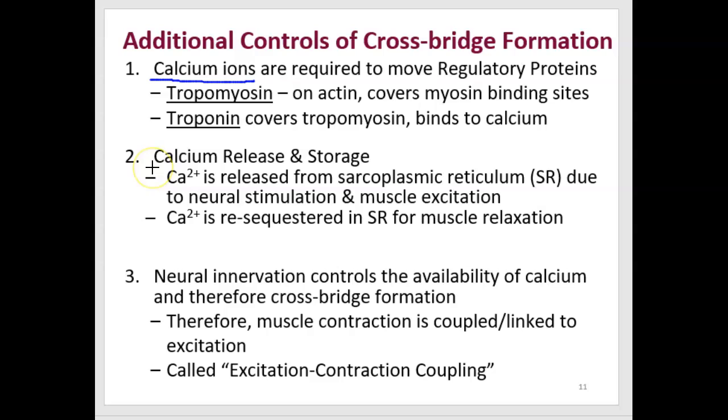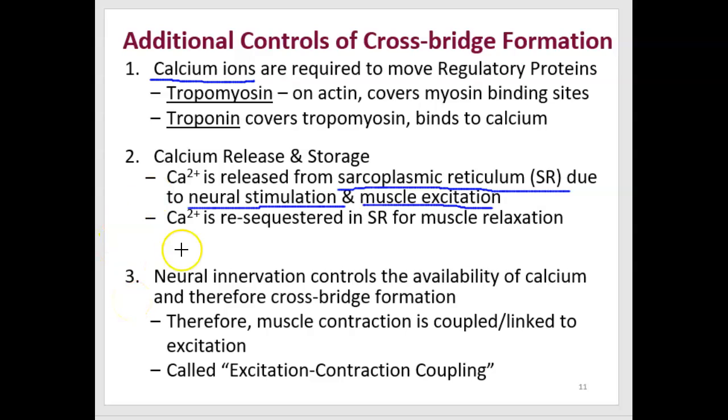And calcium isn't just around all the time. It's released from the sarcoplasmic reticulum when a nerve stimulates the muscle. When the nerve stimulates the muscle, it gets excited and calcium pours out into the cytoplasm. So now it'll be available for cross-bridge formation.